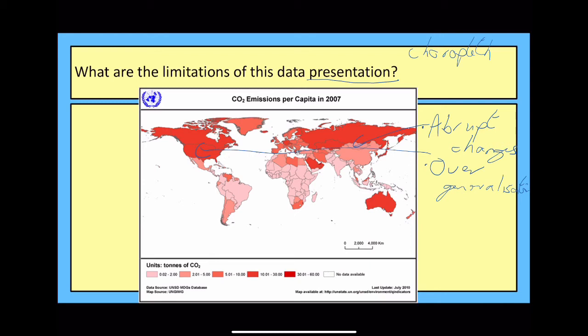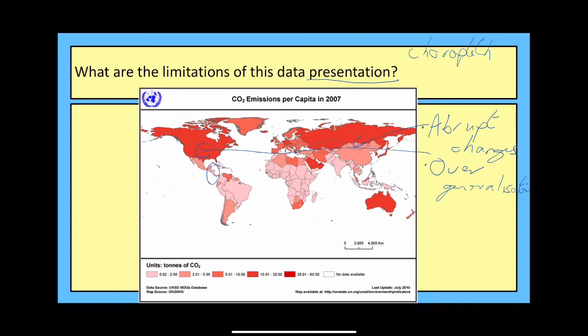Then, because of the nature of countries and populations, we've got examples where data represents much, much smaller countries. So like here in Central America, much smaller populations, and we're getting accurate data for those individuals. So it's not a very fair way of representing people's data.